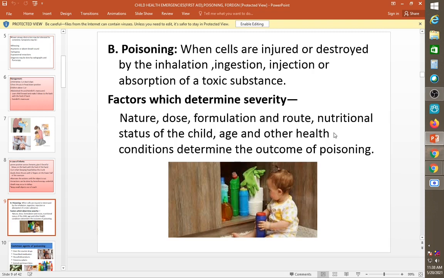Then whether the child is nutritionally okay or not, age of the child, and other conditions. If there is a comorbidity in the child, then the outcome will not be good. Is there any question in this portion? No, ma'am. I hope you understand.